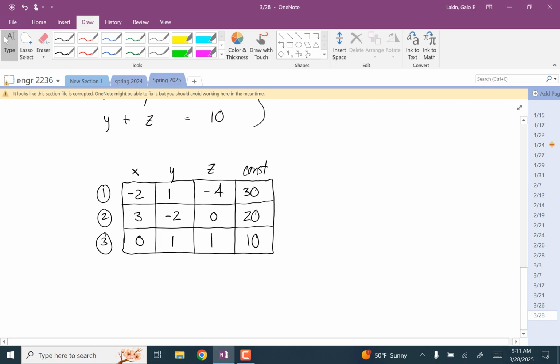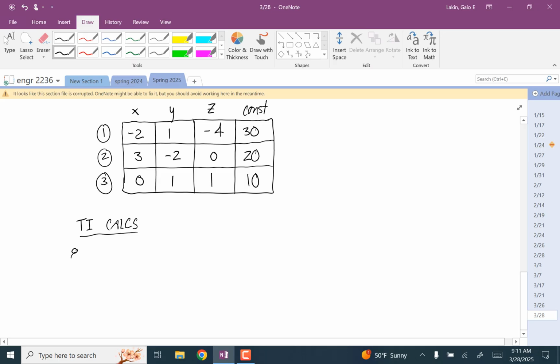On TI calculators, if you have an 83 or an 84, you have to use the matrix environment. So you'll click on the matrix thing, you'll get in there, you'll go to edit, and you'll put this matrix in.